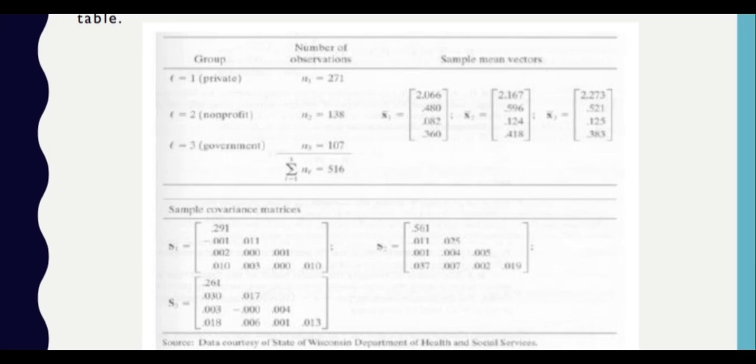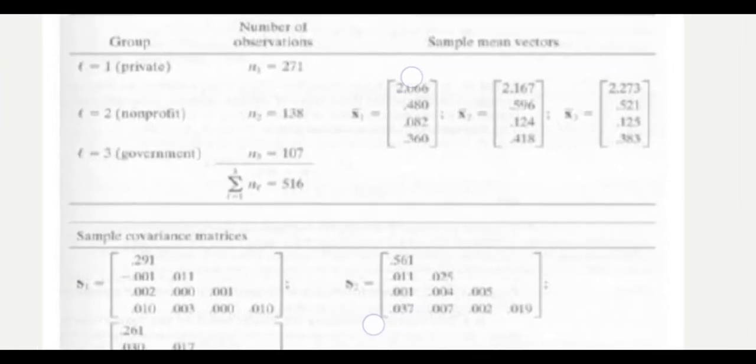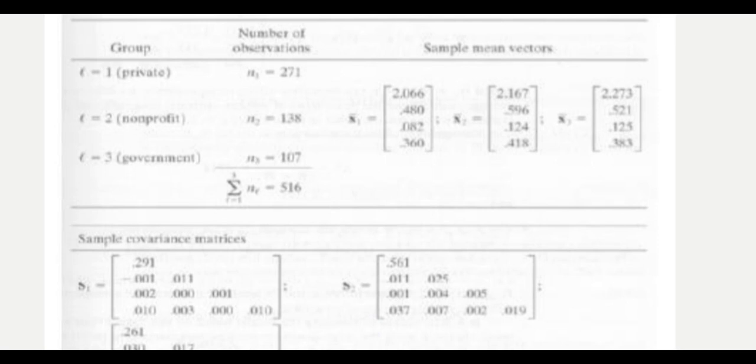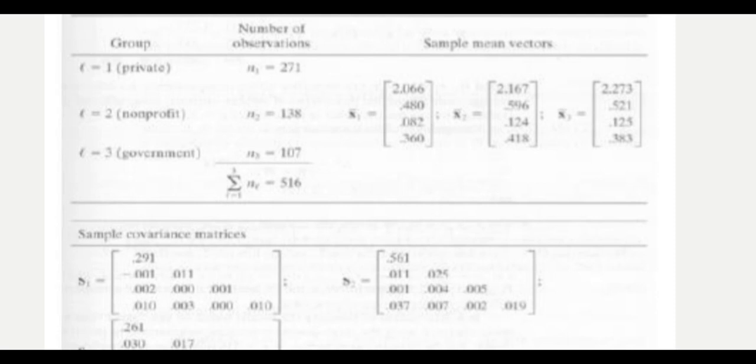So, in your textbook, page 306 and 307, it is given the descriptive statistics of each of the mean and also the mean vector and also the covariance matrix for each of the population. So, kita ada 3 population, private, non-profit and government.